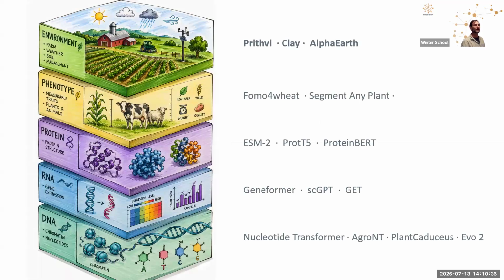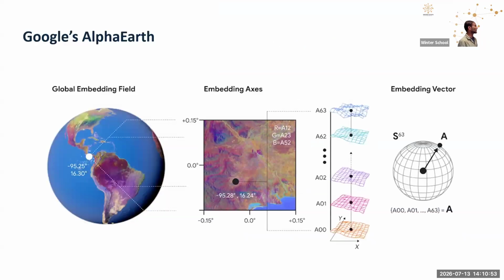So I'm just going to finish up quickly then in the last minute or two, talking about environment level foundation models. I've suggested three here: Prithvi, Clay, and Alpha Earth. Alpha Earth's put out by Google, and what they've basically done is they've combined satellite imagery, environmental data from all across the globe at a really small resolution.